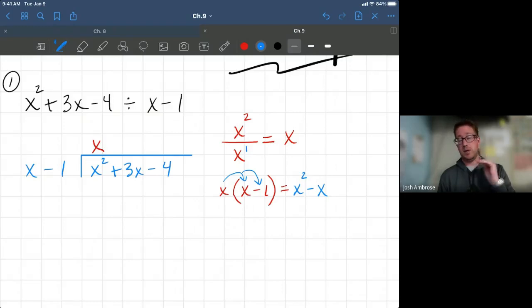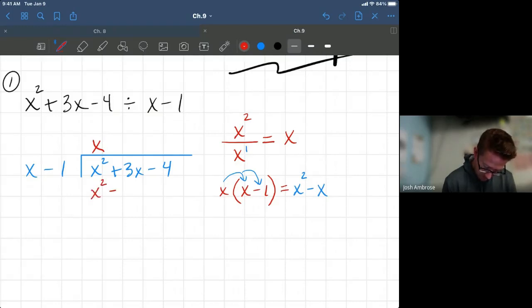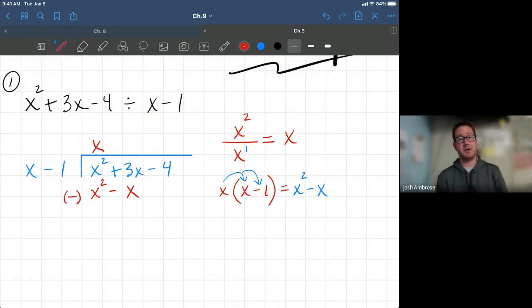Okay, now what do I do with that step 2 piece? Here's what I do. I write that underneath the polynomial, and I will use subtraction. Okay, now we're moving into step 3 of those 4 steps to solve division with polynomials here.